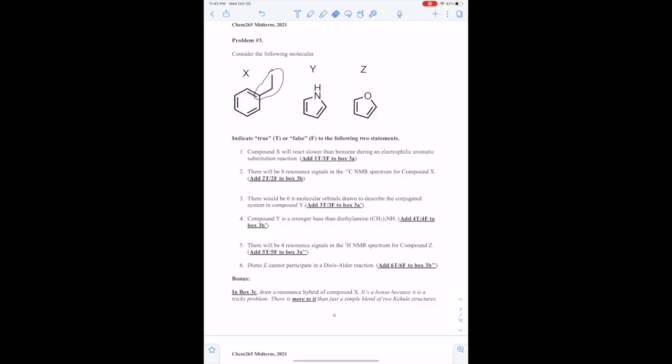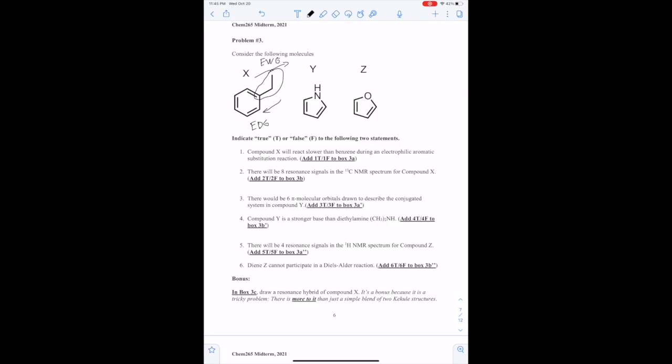So if we had an electron donating group, it would pull the electrons towards the benzene, and it would make the benzene more nucleophilic, and it would be much easier for it to attack an electrophile, which would speed up the substitution reaction. If we had an electron withdrawing group, it would pull electrons away, and then benzene would become less nucleophilic, and it would hinder the substitution reactions.